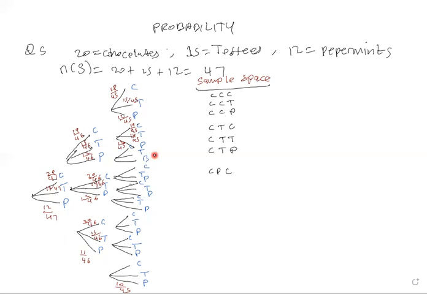So we're done with CPC. So the next will be CPT. So CPT, then CPP, N. So it means we are done with this branch.